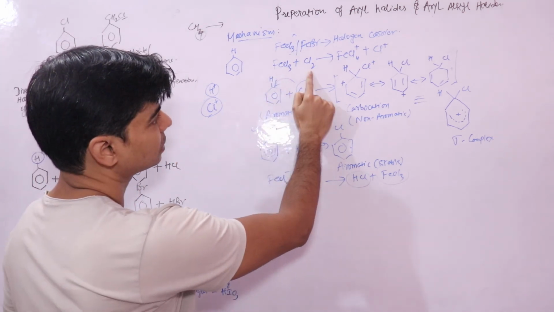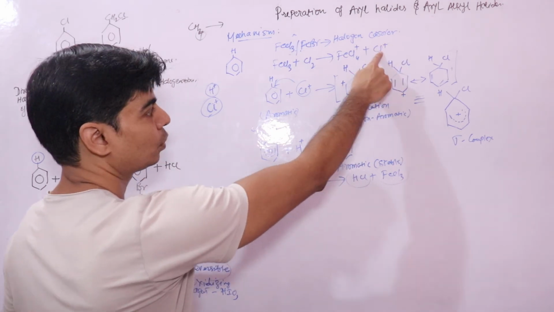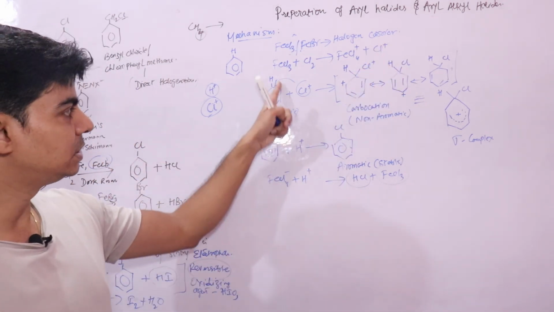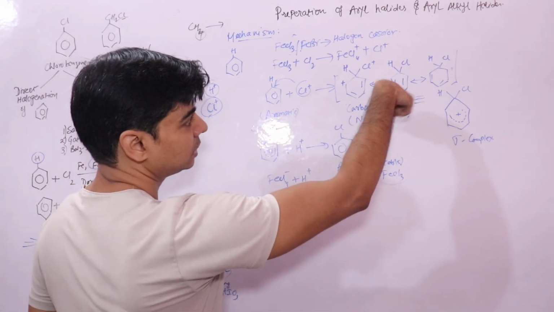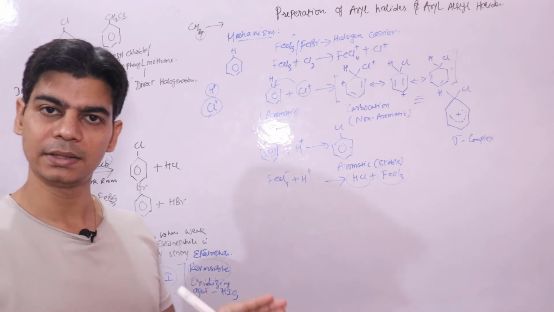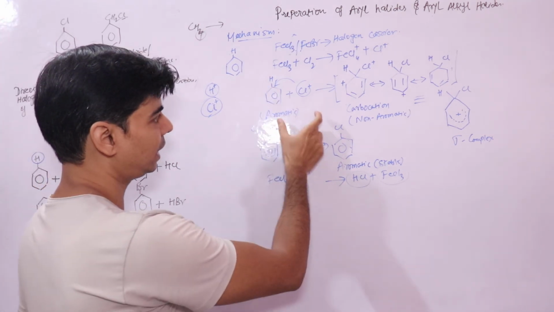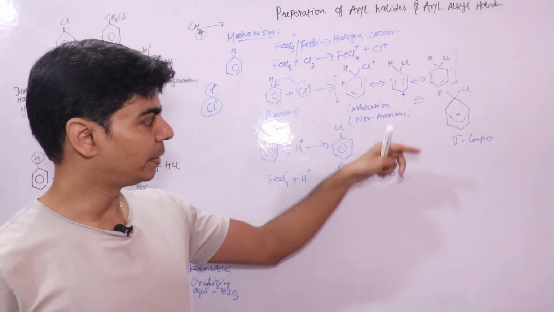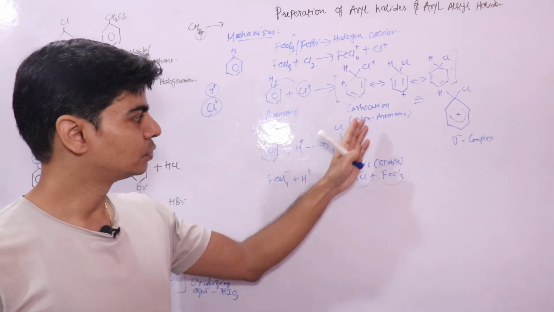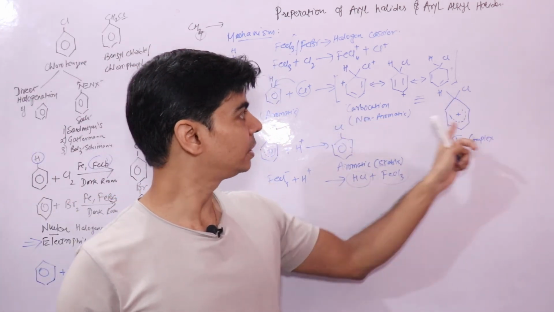So it will cleave this chlorine to give you this base and the chloronium ion. This chloronium ion will attack the benzene nucleus and form this carbocation. We know a carbocation is an unstable intermediate, and you can also see that it has lost its aromaticity. This is non-aromatic, which is a less stable system, so it will try to gain stability, and this is your sigma complex.